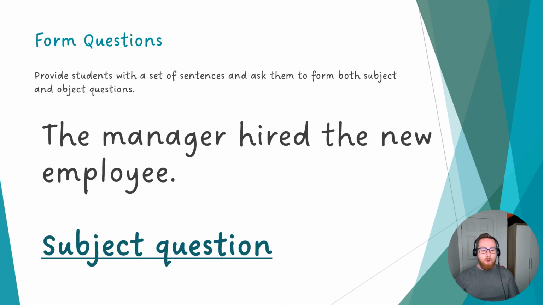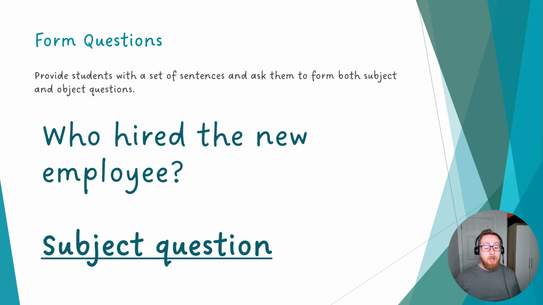Now let's form questions. I'm going to provide you with a set of sentences, and I want you to form both the subject and object questions. So we have subject question. How would we make this a question about a subject? The manager hired the new employee. We could say, who? Do we use an auxiliary verb?